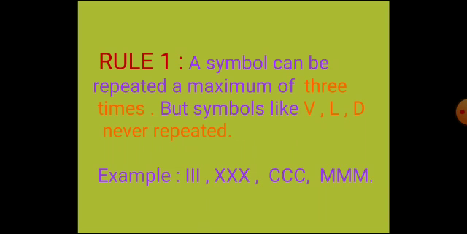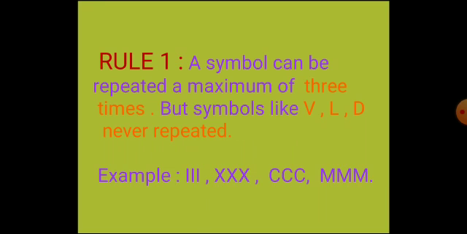First, rule 1. A symbol can be repeated a maximum of 3 times only. Of the 7 symbols, not all symbols can be repeated. Symbols V, L and D are never repeated.